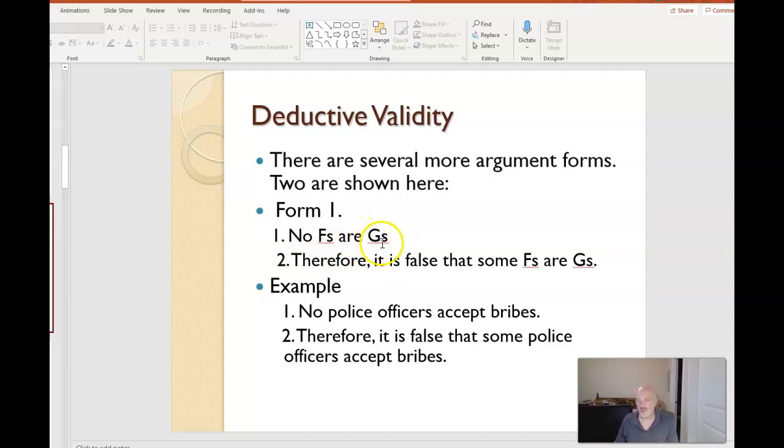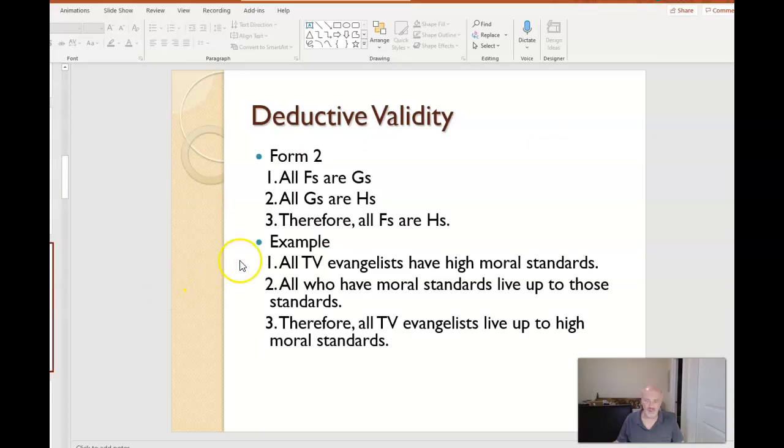An argument really only requires a premise and a conclusion, but it can have 2 premises, it could have 10 premises. And of course, it has at least one final conclusion. So this argument form is not quite as important as the others.